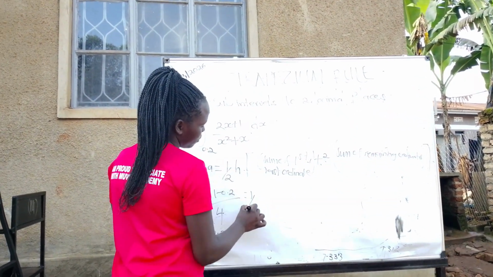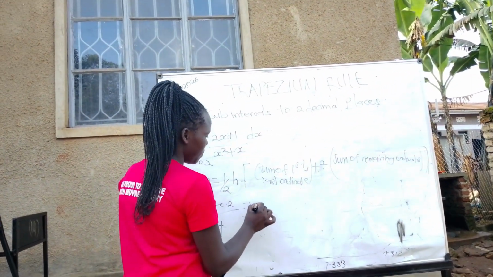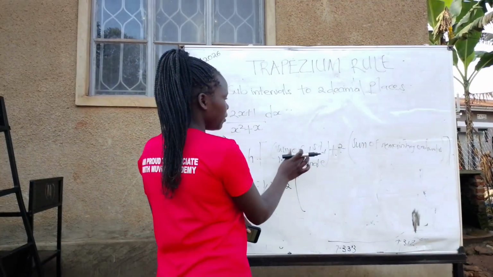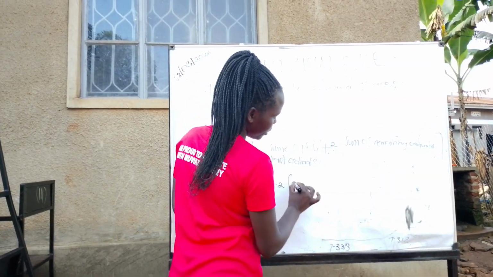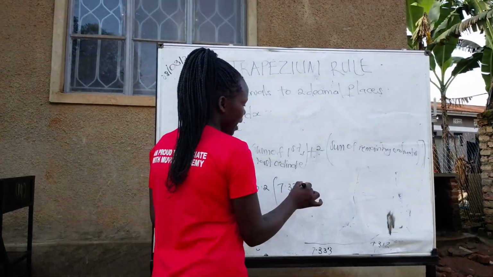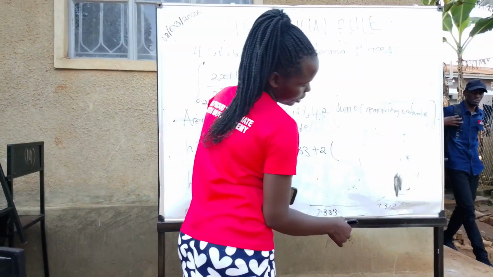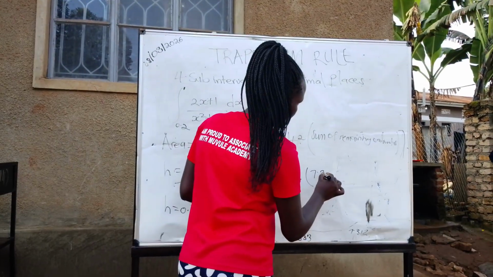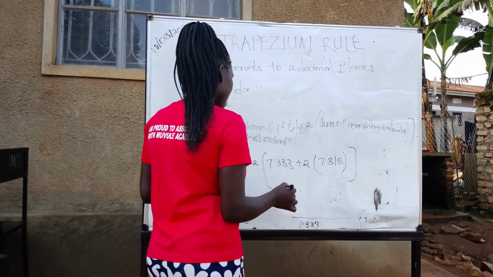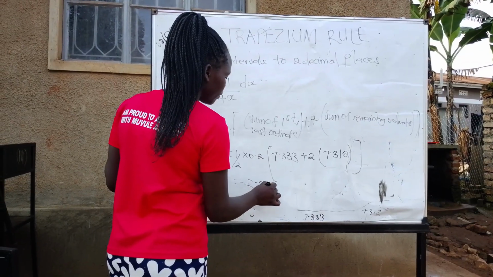Our formula is a half h, which is 0.2, times the sum of the first plus the last ordinate, which is 7.333, plus 2 times the sum of the remaining ordinates, which is 7.312. And then our answer is 2.20 after calculating this.